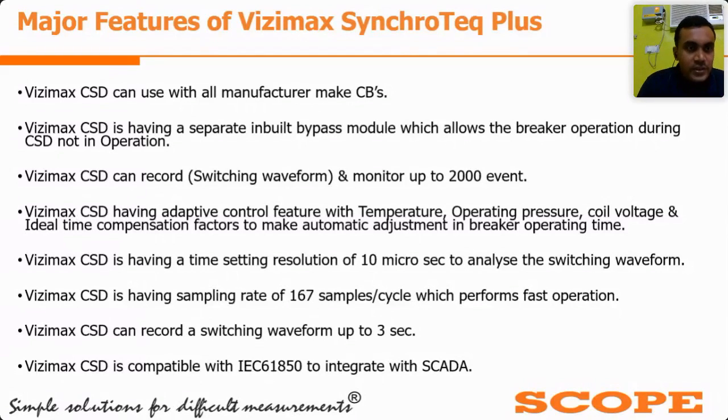Vigimax CSD has an adaptive control feature with temperature, operating pressure, coil voltage, and idle time compensation factor to make automatic adjustment in breaker operating time. Obviously, breaker का closing time हर एक इंस्टेंट पे तो सेम रहेगा नहीं, थोड़ा बहुत चेंजेस तो उसमें आते रहेंगे. Then, to compensate those changes, we have the adaptive control feature in our relay.